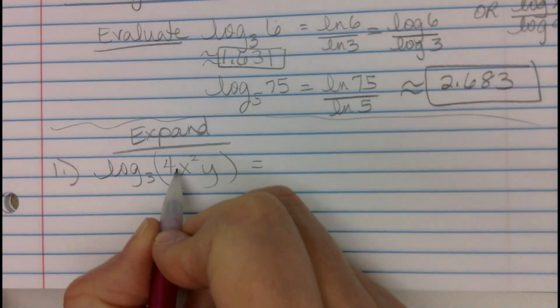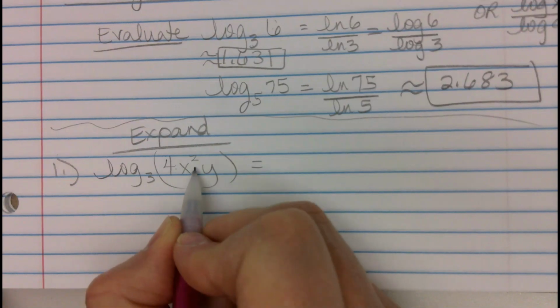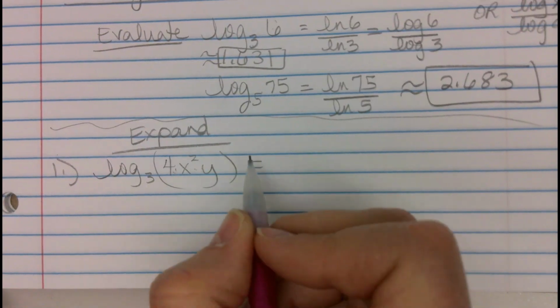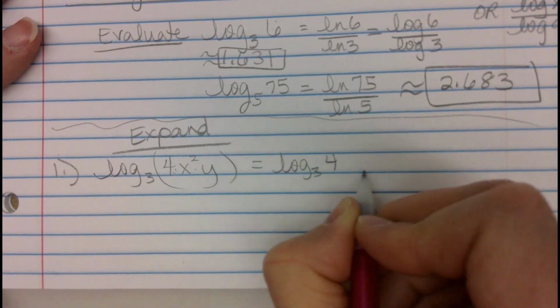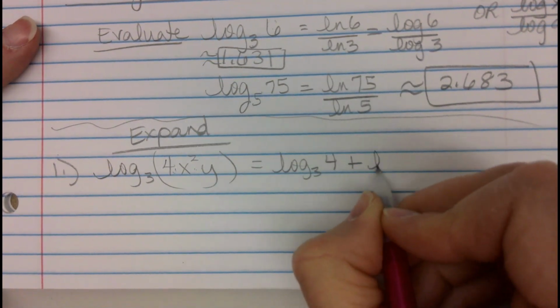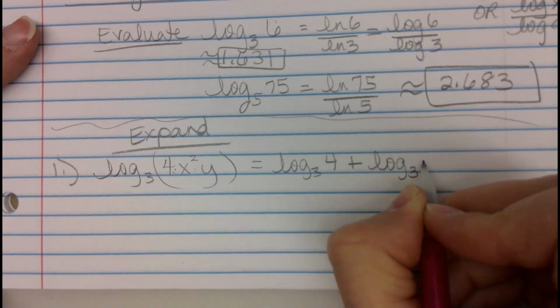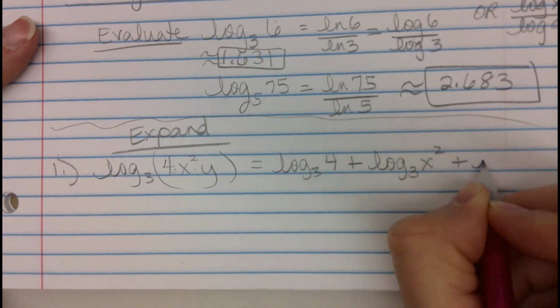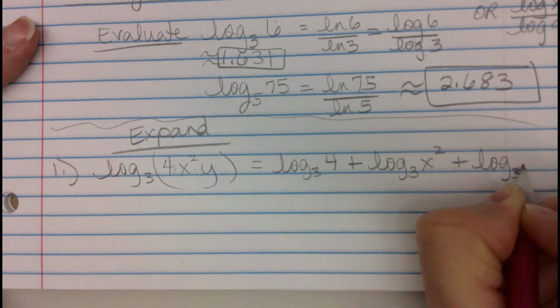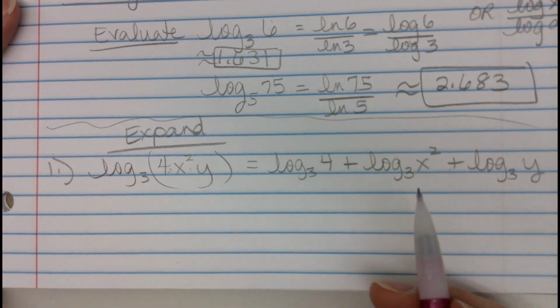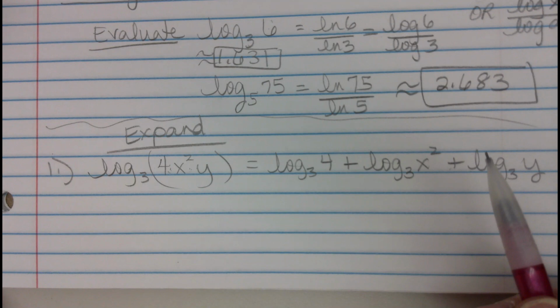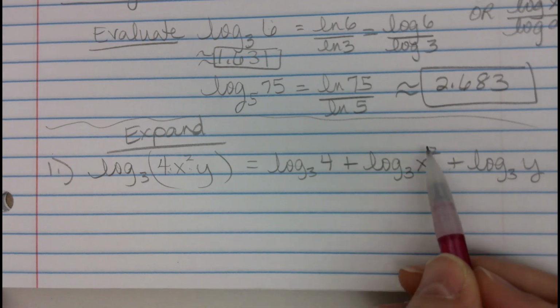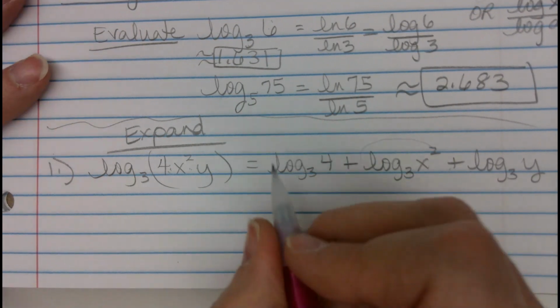Well, the first expansion is going to be from the multiplications, right? What would that equal? Log base 3 of 4 plus log base 3 of x squared plus log base 3 of y. So I expanded it over the multiplication, right? That makes sense. Is it fully expanded? No. That power needs to become a coefficient.